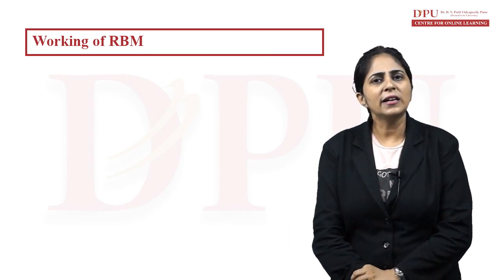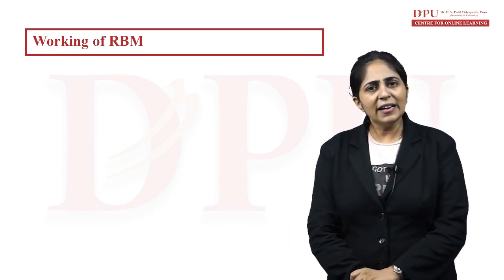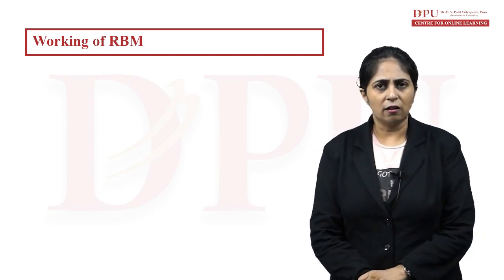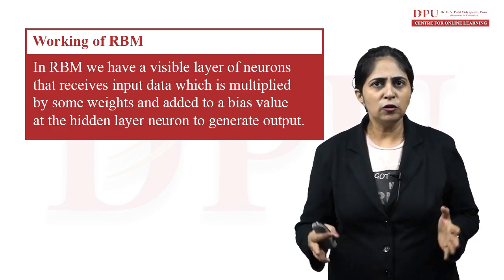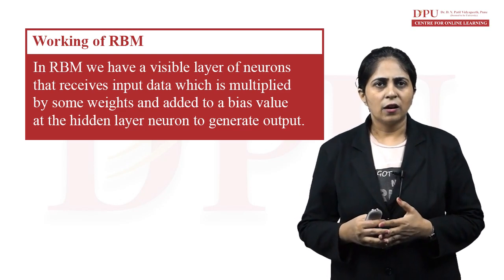Talking about the working of a restricted Boltzmann machine, or RBM, it is an unsupervised learning algorithm that we have just discussed. We have a visible layer of neurons which receives the data.